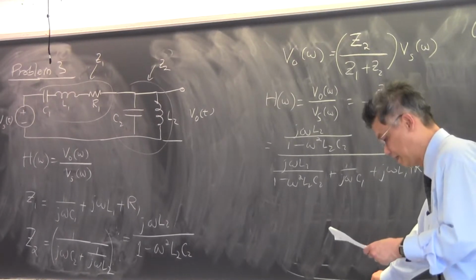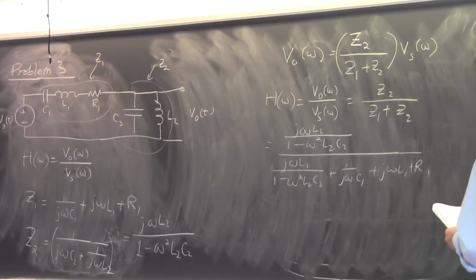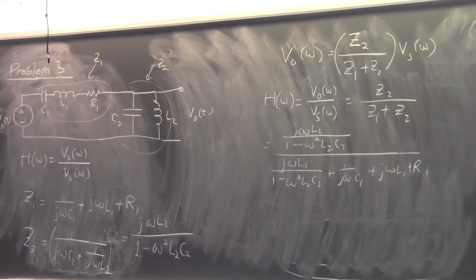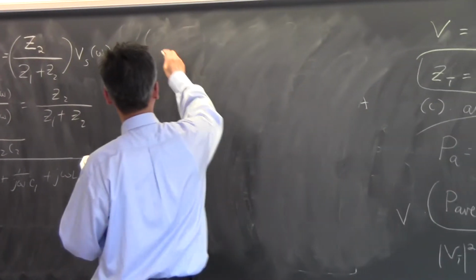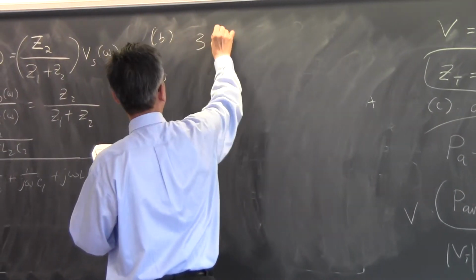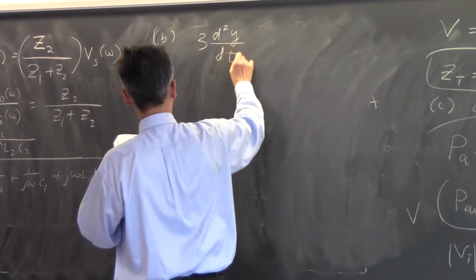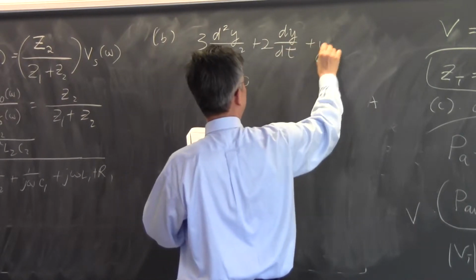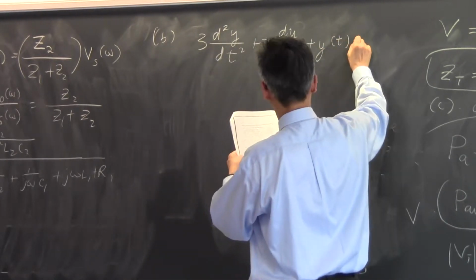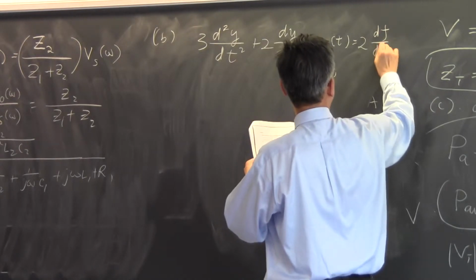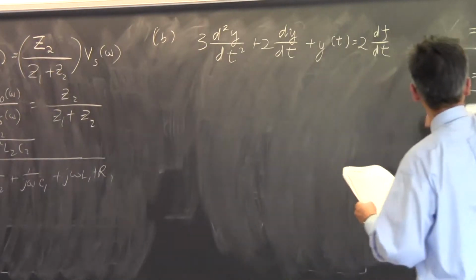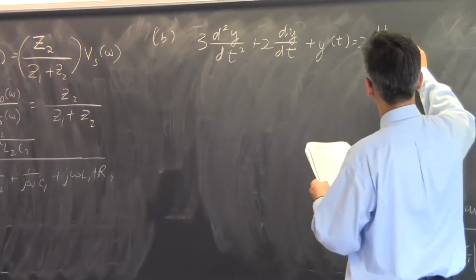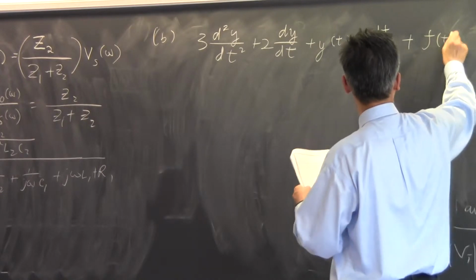Okay, and then part B asks you to find the transfer function of an ODE. The ODE is given by 3 d squared y dt squared plus 2 dy dt plus y of t equals f of t plus 2 df dt plus f of t.